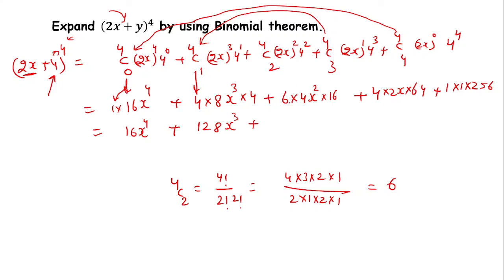Next value. 6 times 4 is 24. Then times 16 will give me 384 x square. Positive. 4 times 2 times 64. 4 times 2 is 8 times 64 is 512 x. And the last one is 256.